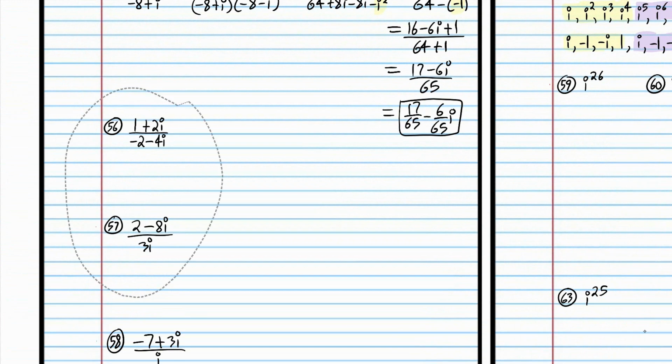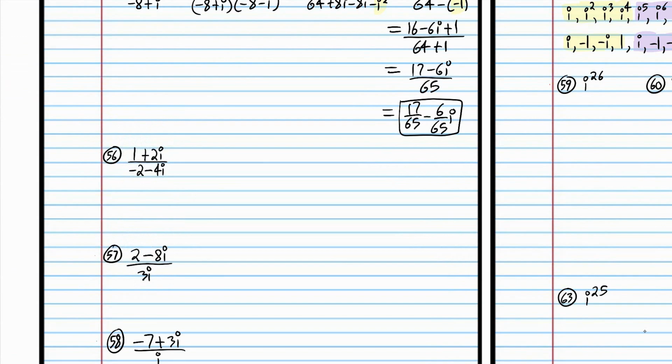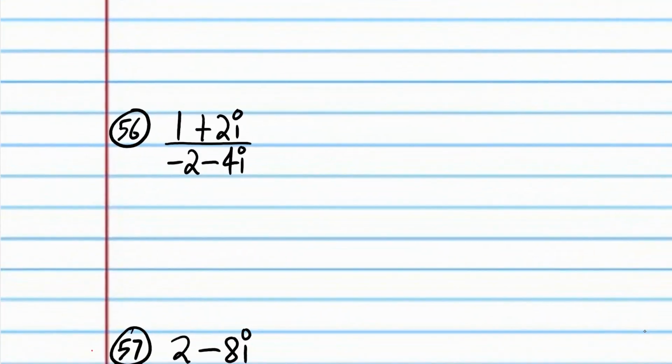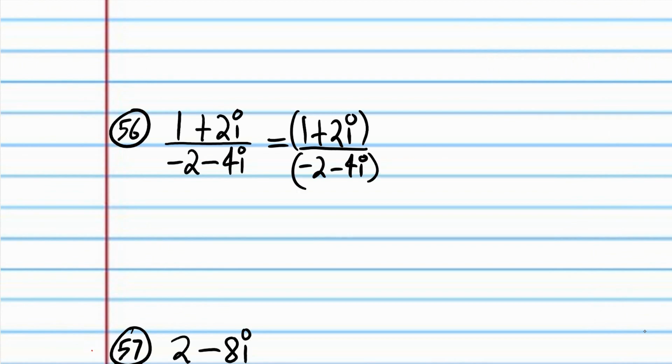Okay, why don't you try number 56, and when you come back, we'll do it together. All right, we're back. So we're going to rewrite. We're going to multiply both sides by negative 2 plus 4i.